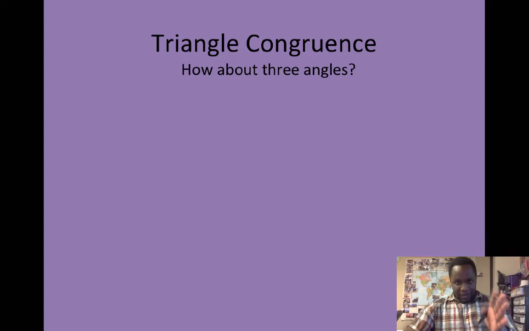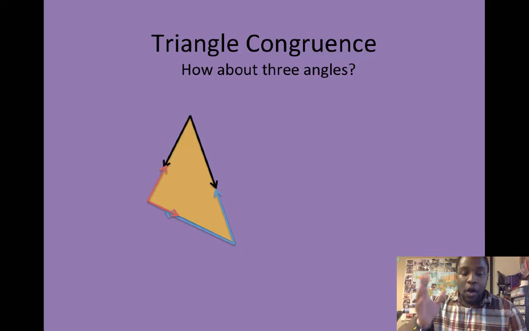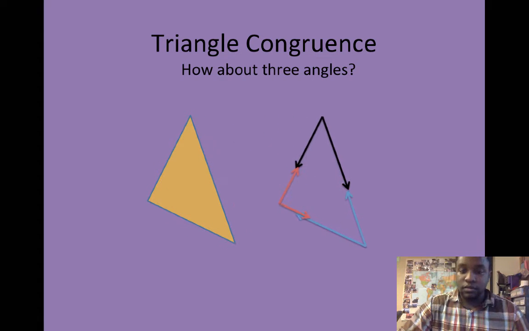Okay, here we go. So we have 3 angles. So in this triangle, 1, 2, 3. What we're going to do now is to see, with these 3 angle measures, is it possible to make a non-congruent triangle? If we can make a non-congruent triangle, then we can't use AAA as a triangle congruence.